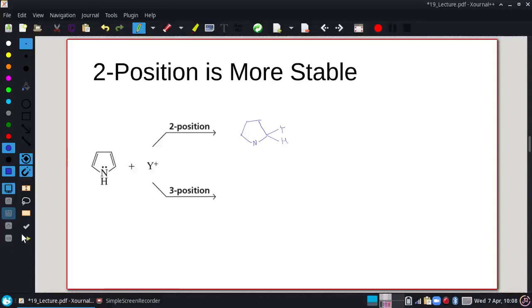This Y transfers that positive up there, and this is still a double bond. Well, we can move this here, and so we're going to have an equilibrium with another 5-member ring, still a Y and an H. But now the double bond's here, and there's a positive.